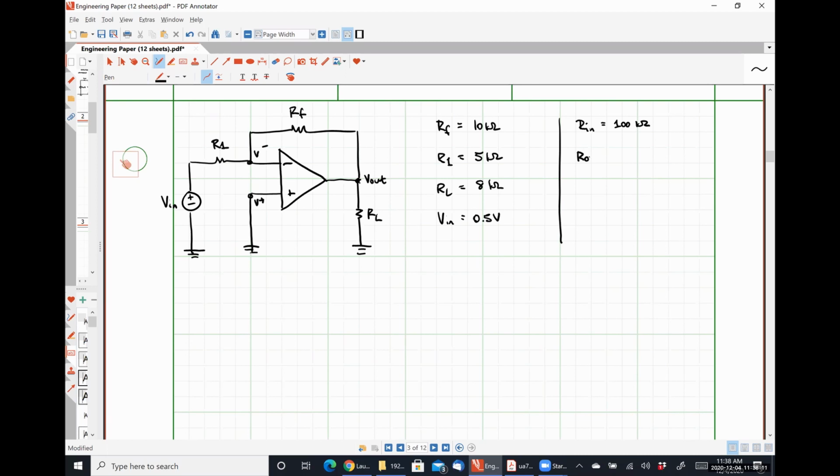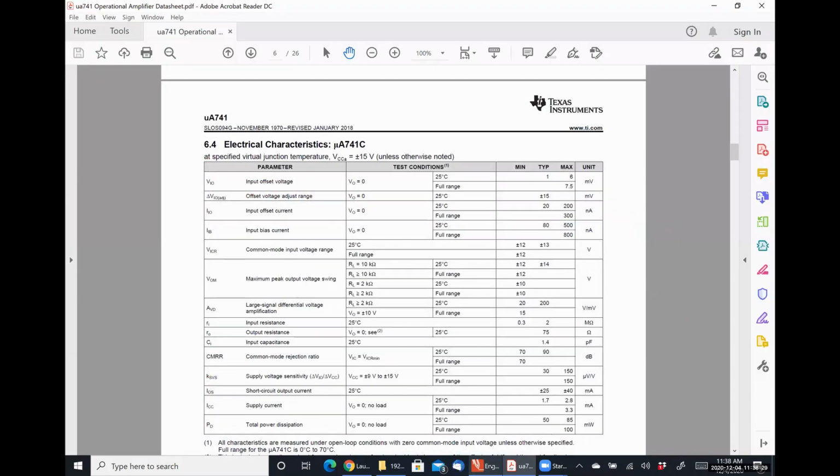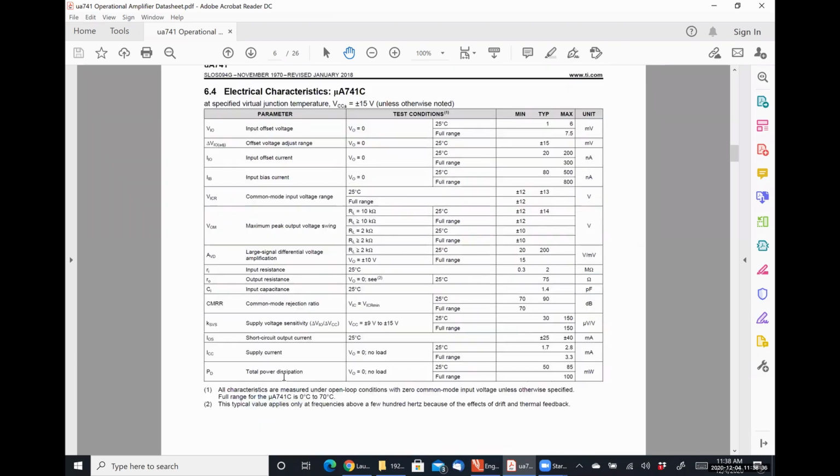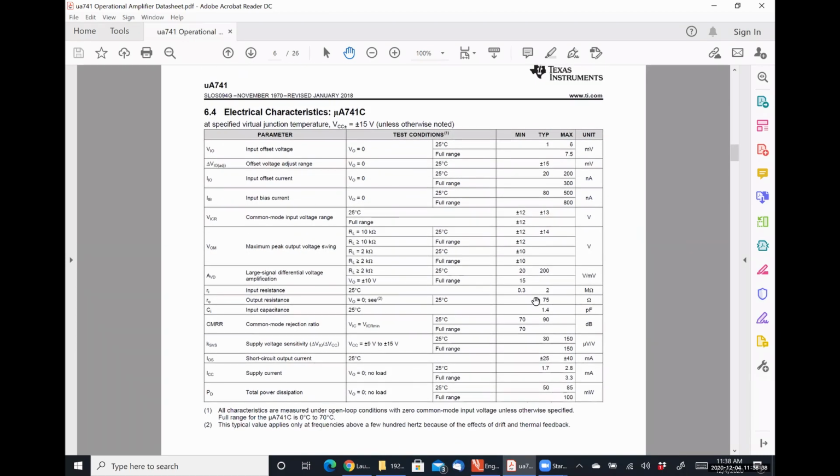And let's say that our output resistance of the op amp is 1 kilo ohm, which would be significantly larger than what we would ever see on an op amp's data sheet. So for example, the uA741, let's see, R out is 75 ohms.